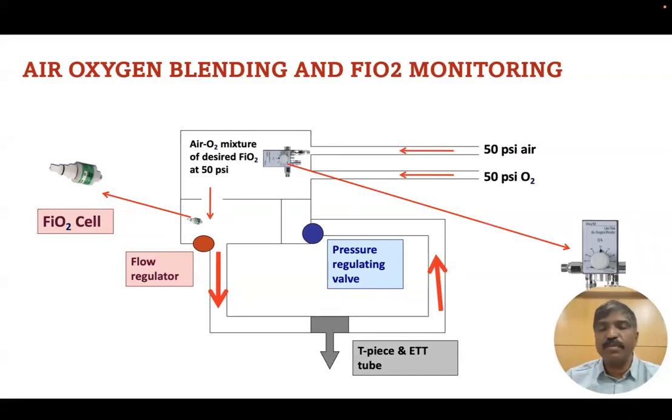We set the FiO2 on the blender, and you see whether that set FiO2 is delivered or not using the FiO2 cell. So the FiO2 cell tells us the concentration of oxygen coming to the circuit, whereas the blender helps us in titrating the input air and oxygen to get to the set FiO2.